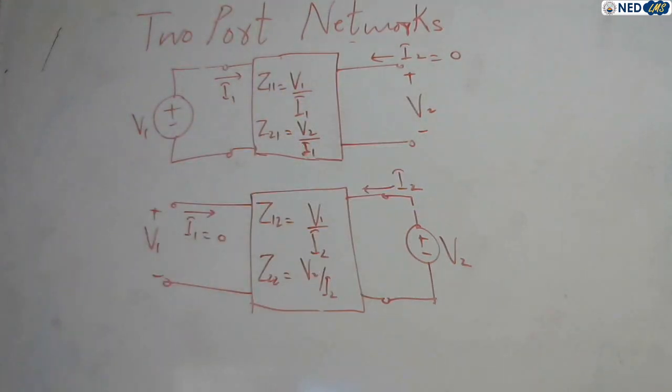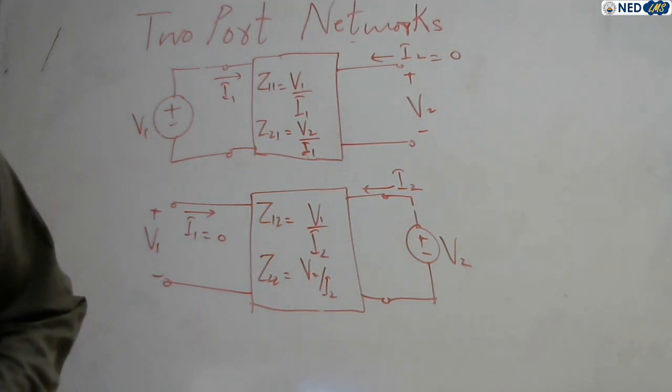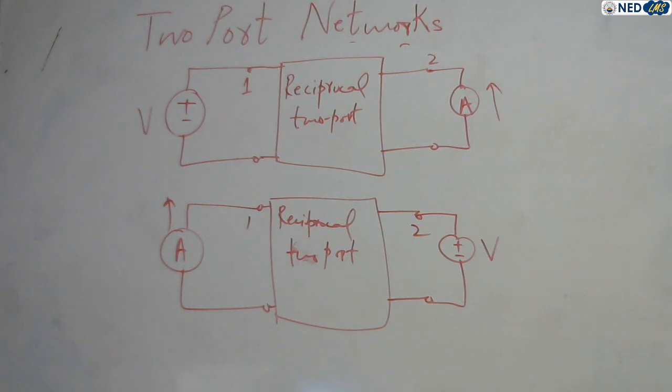I have already done this, so Z11 equals, no need to write again. Basically, impedances Z11 and Z22 are called driving point impedances, while Z21 and Z12 are called transfer impedances.